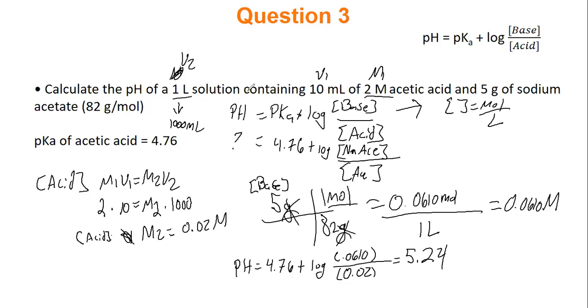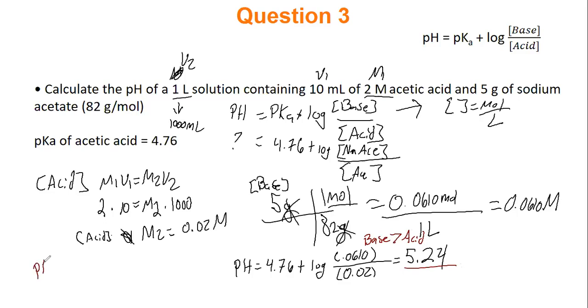By that, I mean, if we look at our concentrations, our concentration of base is greater than our concentration of acid. So in our buffer system, we have more base than acid. So our calculated pH should be greater than our pKa.